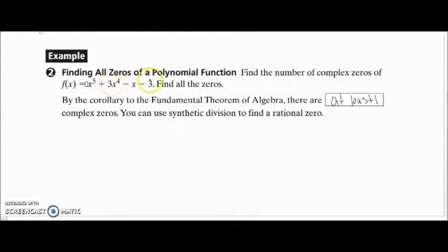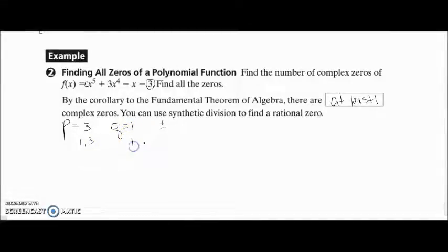So we once again need these two numbers. P is this constant, which is 3, and Q is 1. Okay, it's the coefficient in front of the biggest x value. And so our possible rational roots are plus or minus P divided by Q. Well, what can make up P? 1 and 3.